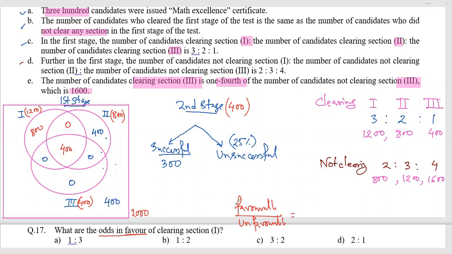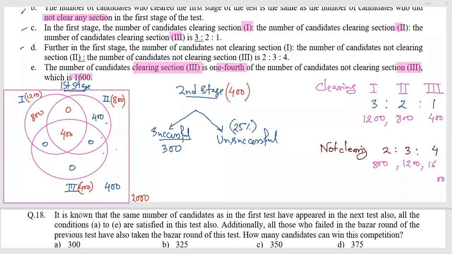That ratio I need to find. How many section 1 clearing people? 1200. And not clearing section 1, that is 800. So here I have already received the data. So it should be 3 is to 2. That means option C would be my answer for this question.